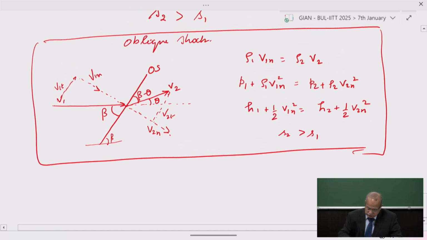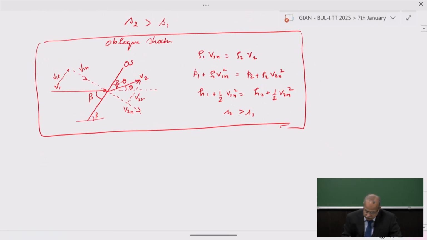Now, let's recollect what we did for the normal shock. When we have a normal shock, here is the flow that encounters a shock which is normal to it. Here it is V1 and V2, the flow will not bend, and here it is rho 1, P1 and H1.